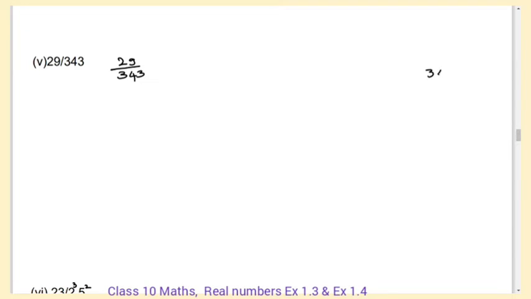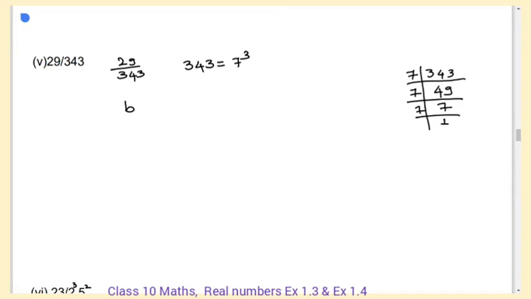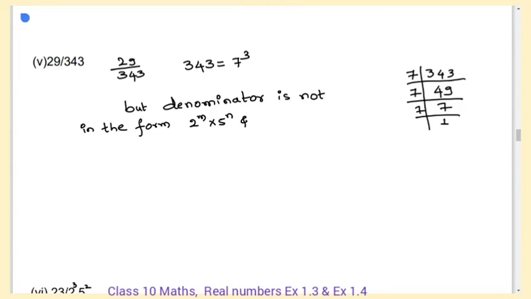Fifth one, 29 by 343. For the denominator term 343, you have to find the prime factors. So we have got 343 is equal to 7 cube. But denominator is not in the form 2 raised to m or 5 raised to n, and it has a 7 as its factor.